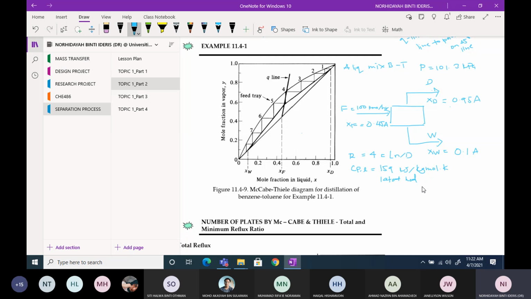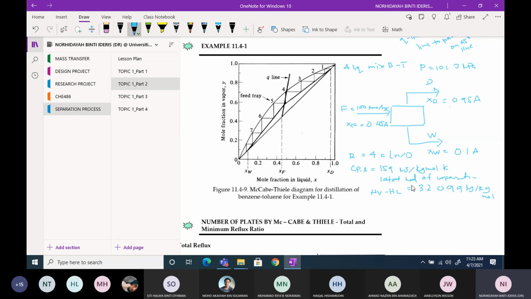So when it's stated latent heat, kalau kamu ingat lagi saya ada cakap kat atas tu, it's actually HV minus HL, which is equal to 32.099 kilojoule per kilogram mole. The energy required to change 1 mole of your system from liquid to vapor phase. That's the latent heat of vaporization.